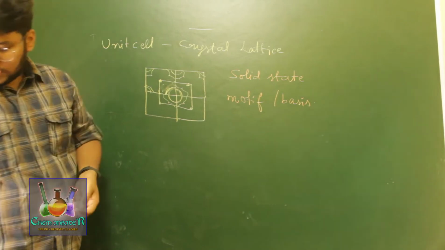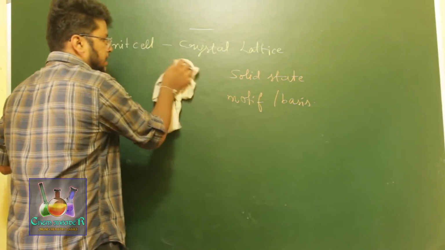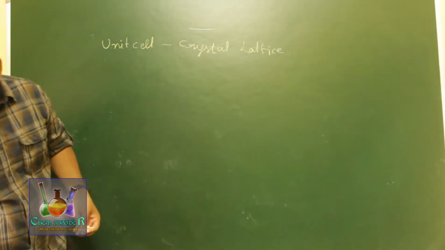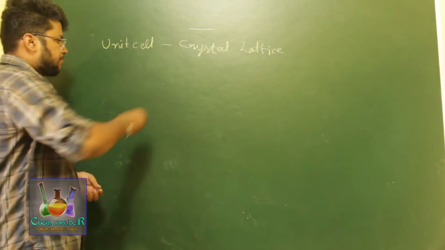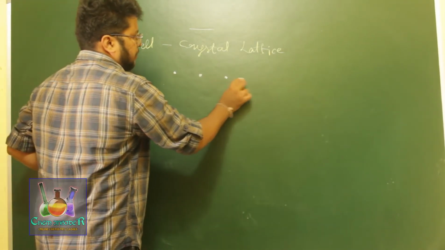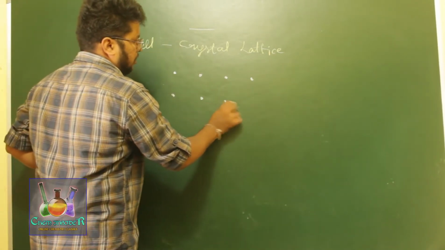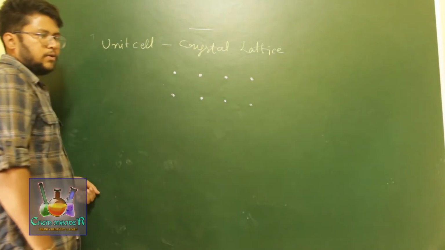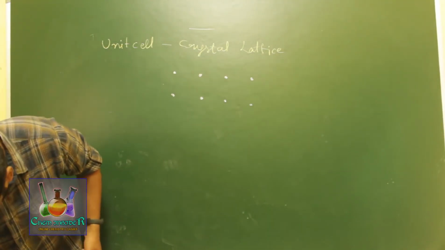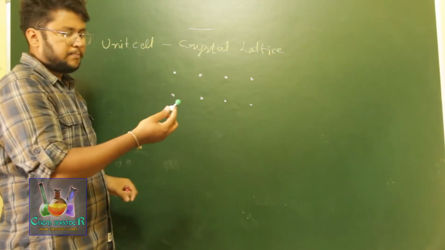So now, what is a unit cell for that matter? A unit cell is an arrangement of constituents of a crystal lattice. So if we take this as a point of arrangement which are equidistant from one another in a 2-dimensional space, and we arrange a molecule, let us say an HCl molecule, so this is an HCl molecule.